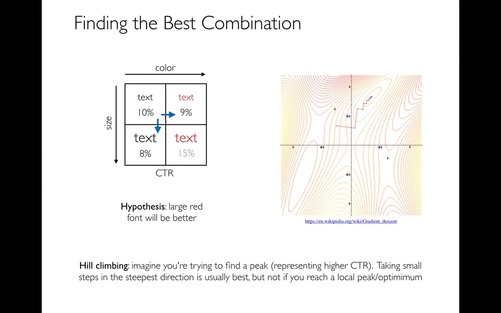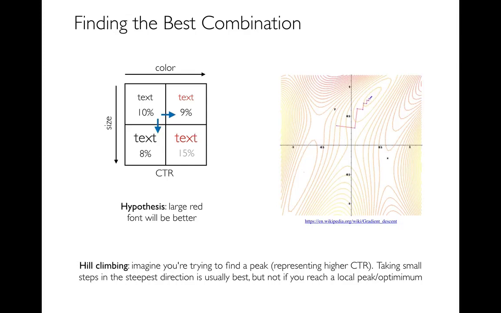Okay? And you're just hiking in the mountains, and maybe it's foggy, you can't see, but you still want to try to find that peak by making one change at a time. So if there are two dimensions, like font size and color, I can imagine that as an X and Y, but it also works for many dimensions.